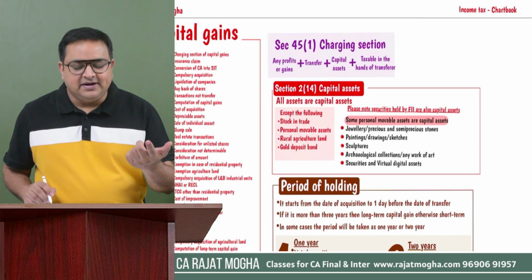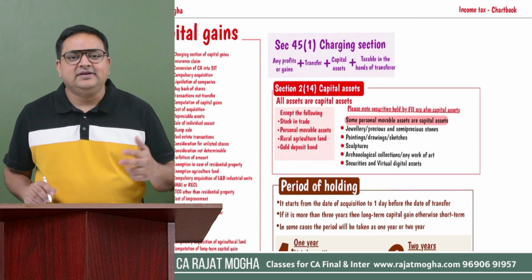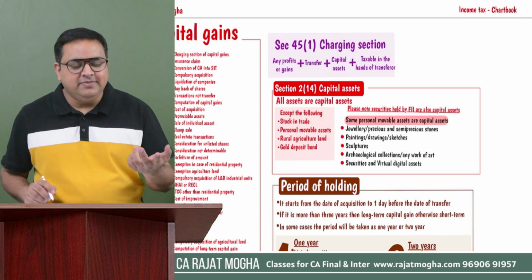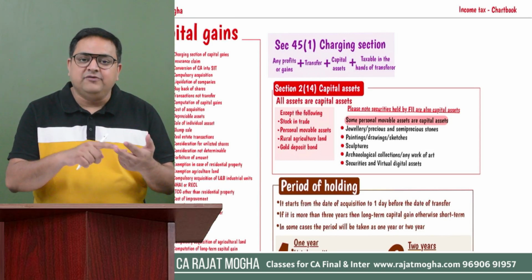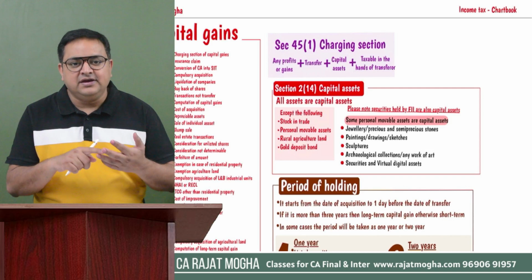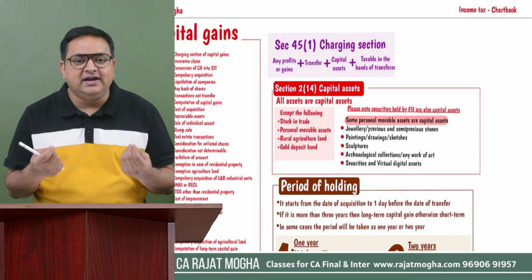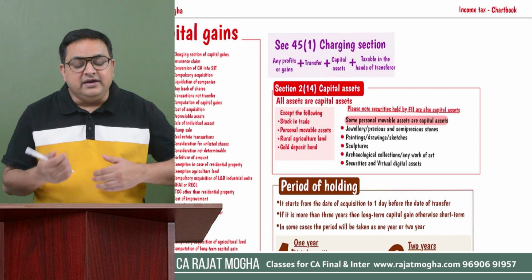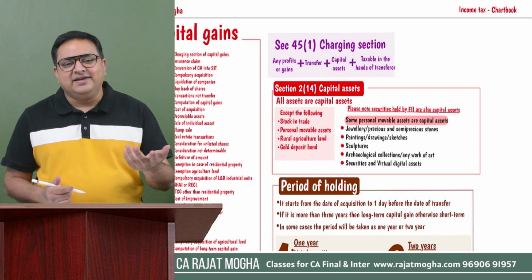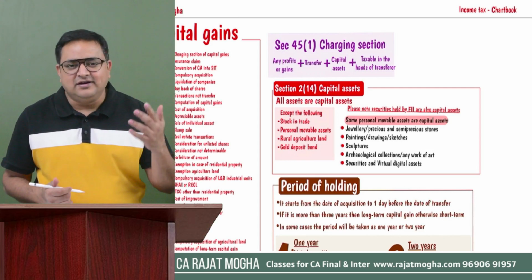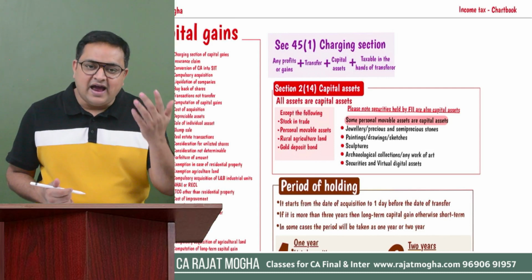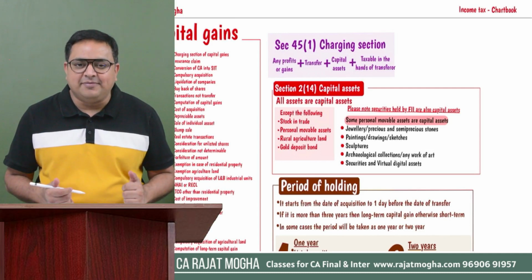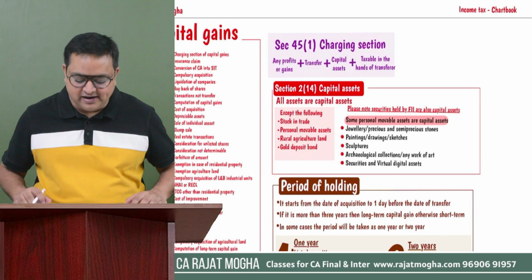So if there is a capital asset and the capital asset is getting transferred, by transfer we mean if it is getting sold, if it has been exchanged, if there is a right which is getting extinguished or relinquished, and even the conversion of a capital asset into stock in trade; these all come under transfer. Compulsory acquisition of a capital asset also comes under transfer.